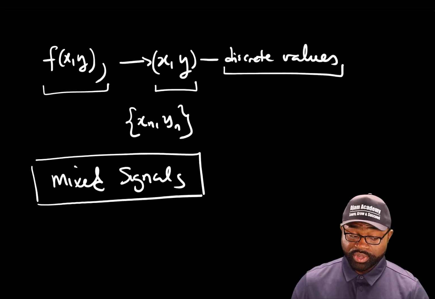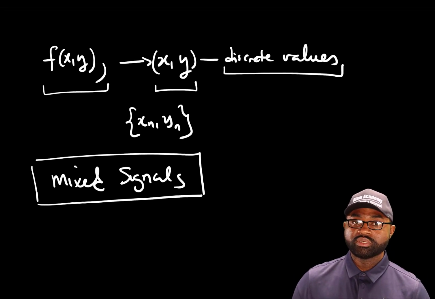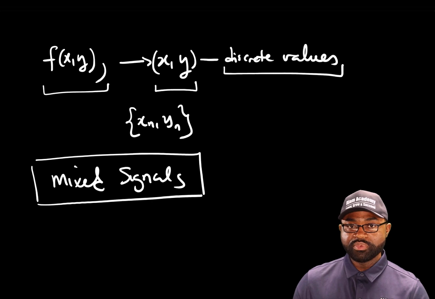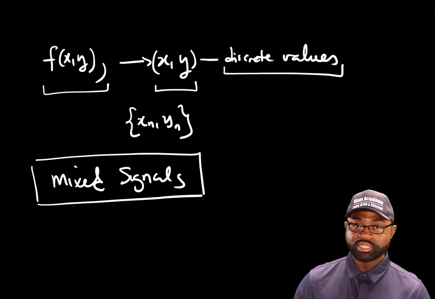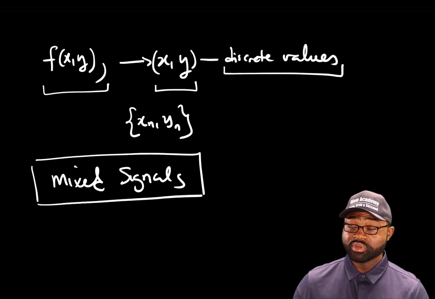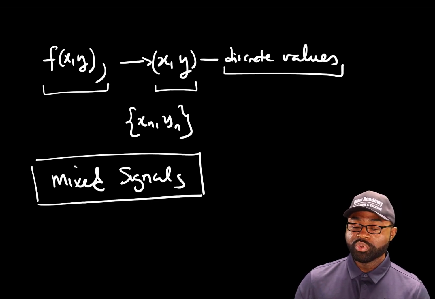The third category is the mixed signal. Usually, a mixed signal is represented by a function whose independent variables are a mixture of continuous and discrete.